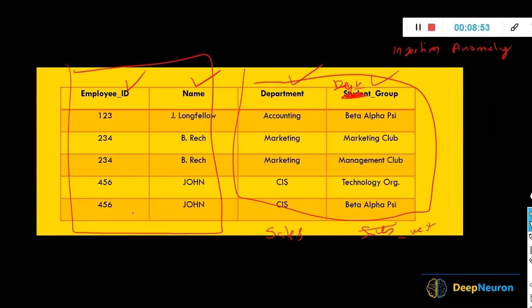But in this table, the employee ID column is a key column. This is a key column, a primary column, which means this column should not have any missing value. If you insert any record or any value in any other column, you need to make sure you insert a value for this column. Without inserting a value here, it will not allow you to insert values for other columns.